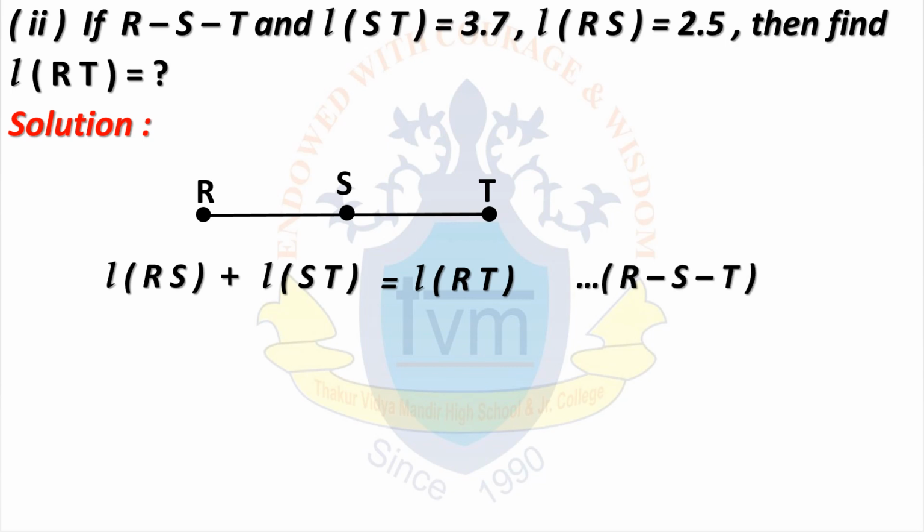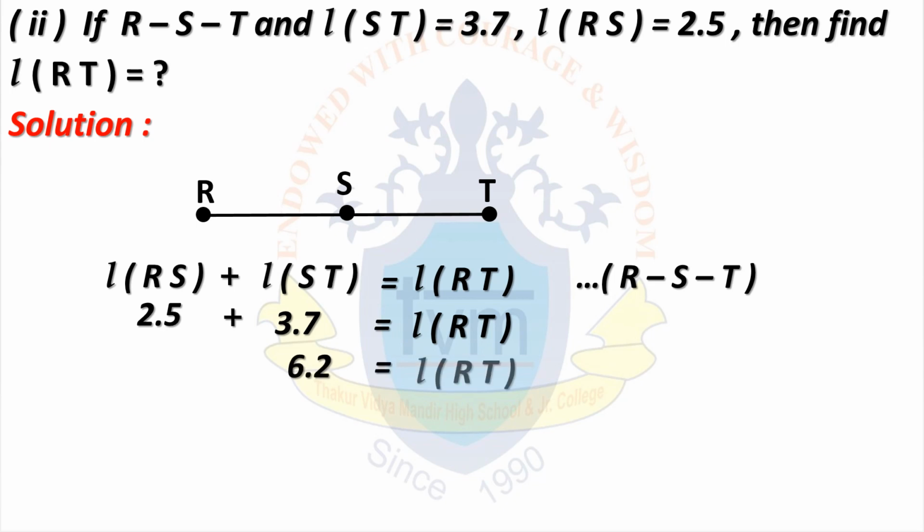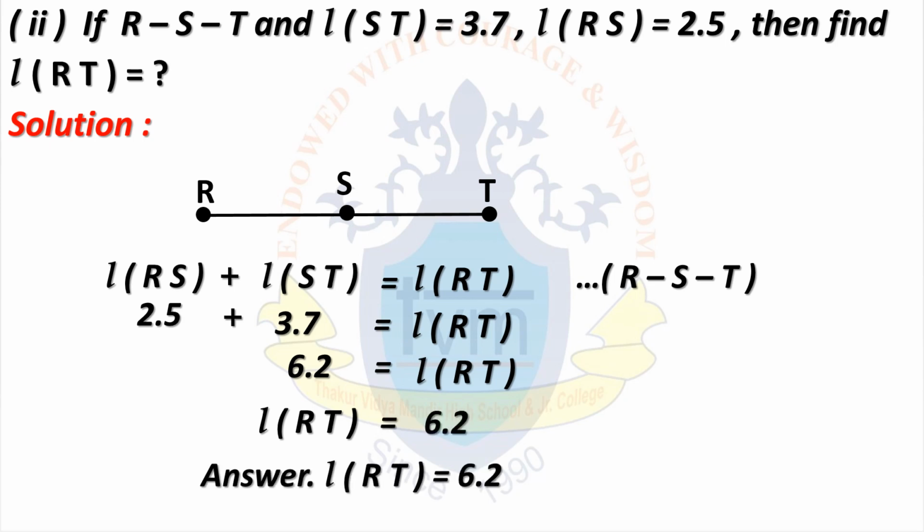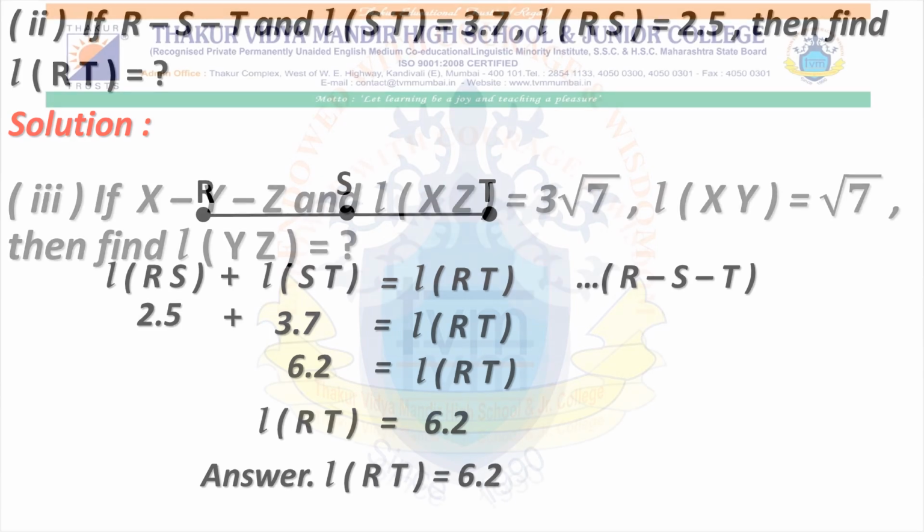Since S is between R and T, we will substitute length RS as 2.5 and length ST as 3.7. Now we will add 2.5 with 3.7, we will get 6.2 equals length RT. Therefore length RT equals 6.2. So the answer is length RT equals 6.2.